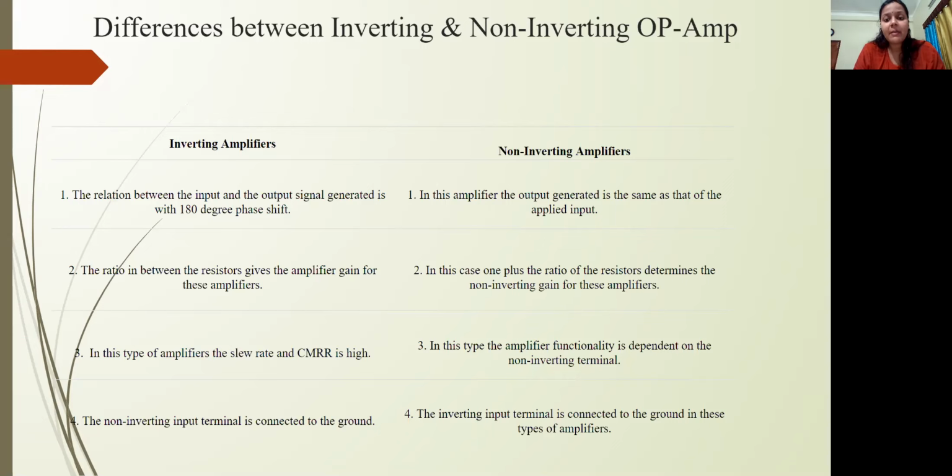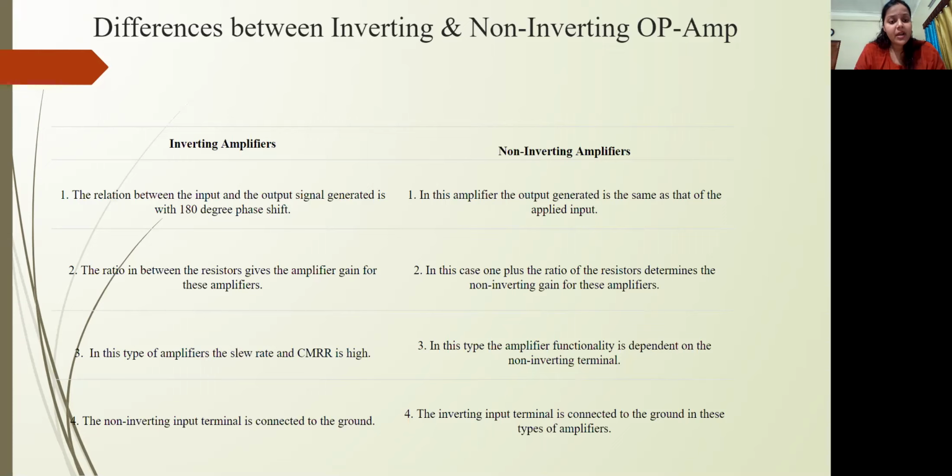In non-inverting amplifier, the output generated is the same as the applied input. The ratio between the resistors gives the gain for the inverting amplifier. In case of non-inverting, 1 plus the ratio of resistors determines the gain. These two equations you have to remember.